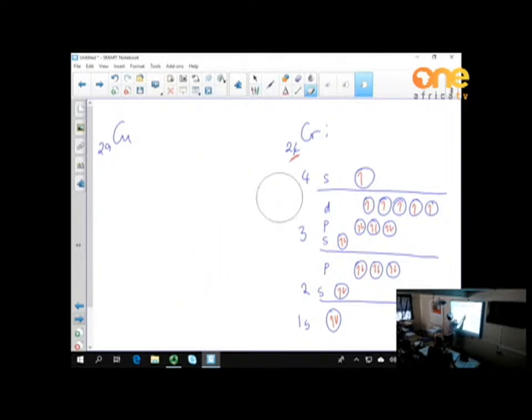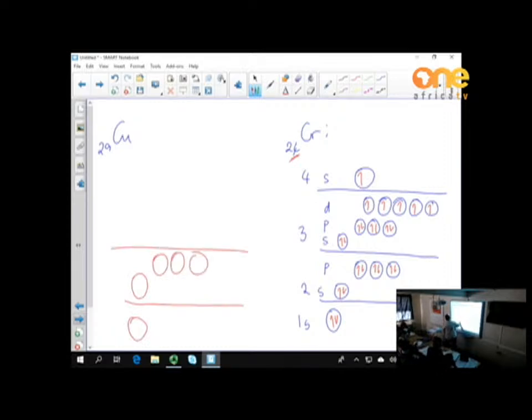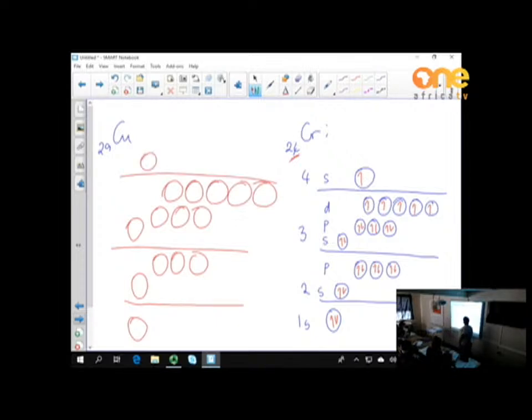is going to go as follows. We also have 1s, 2s, 2p, 3s, 3p, 3d and 4s. Okay, now copper has got 29.